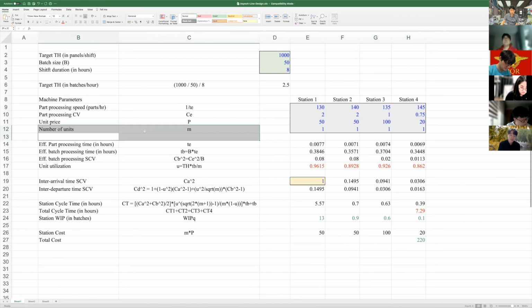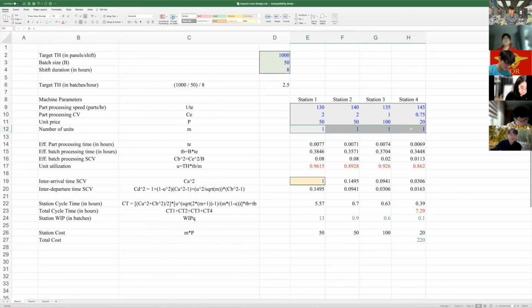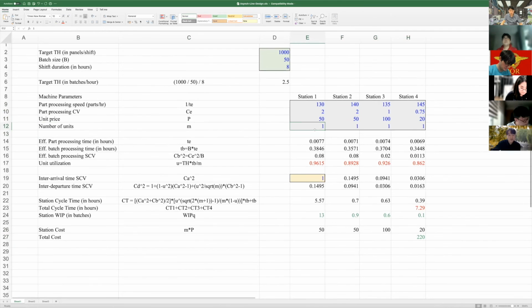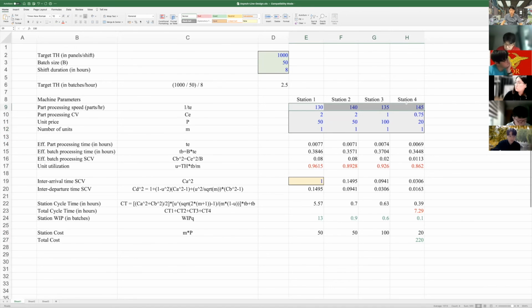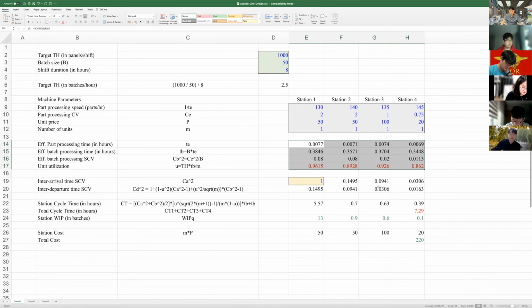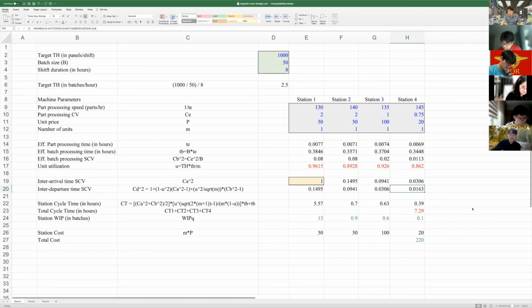And the number of units can also be changed. But please remember that if we change this number, we have to consider it together with the machine processing speed. And from these parameters, the following calculation can be processed.